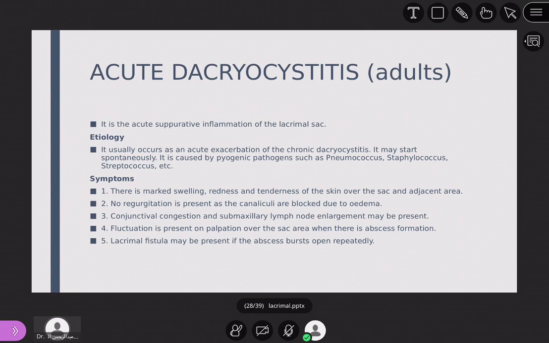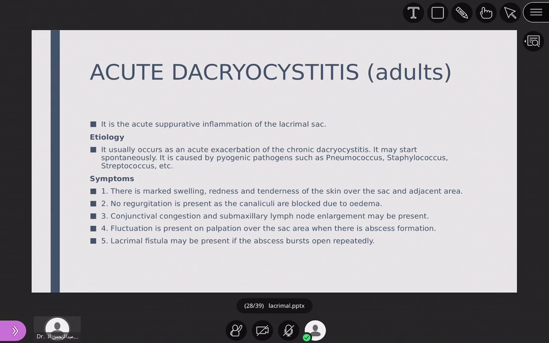Acute dacryocystitis in adults. It's an acute suppurative inflammation of the lacrimal sac. Etiology: it usually occurs as an acute exacerbation of chronic dacryocystitis. It starts spontaneously. It is caused by pathogens such as pneumococcus, staphylococcus, streptococcus.